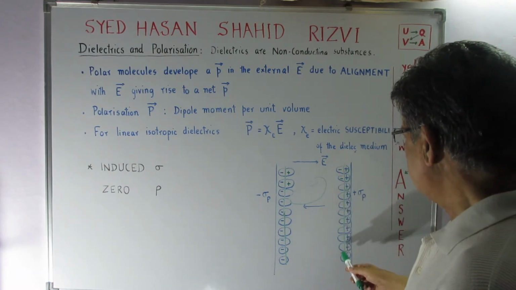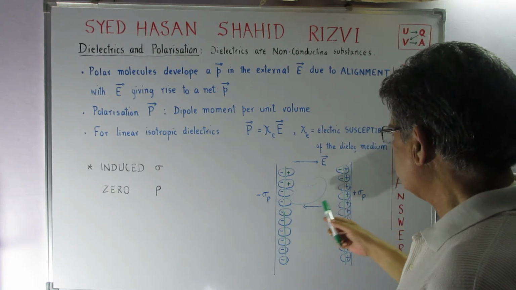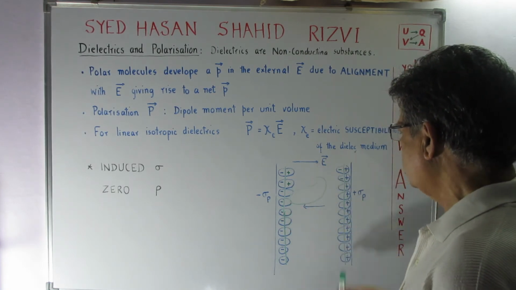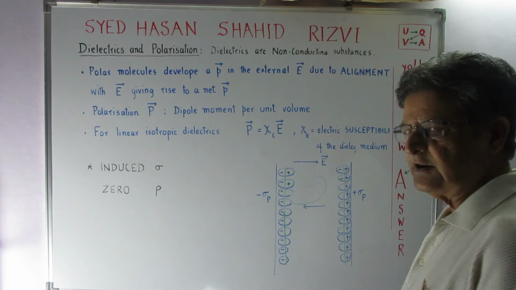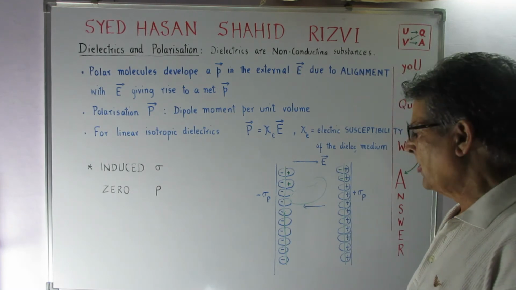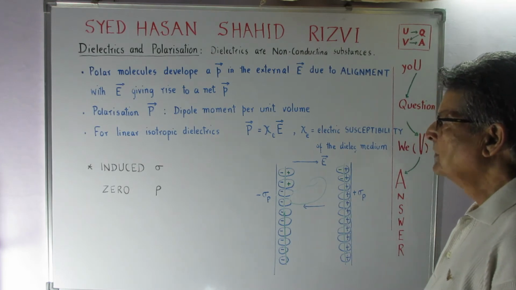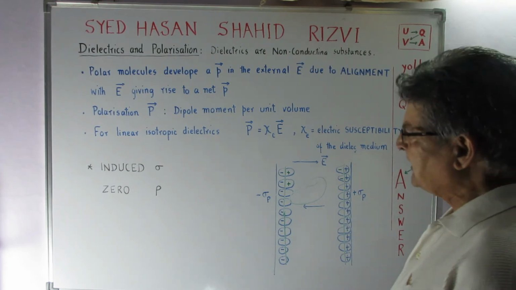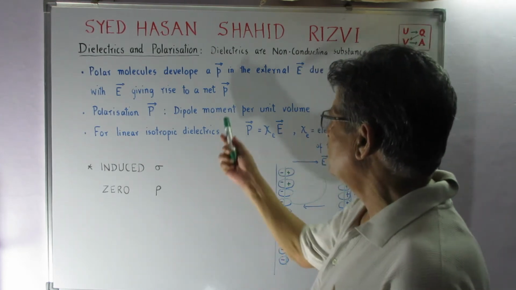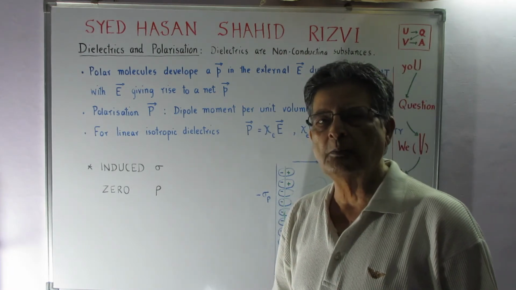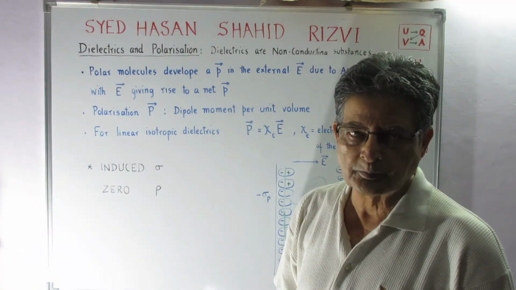Because of this, the positive charges here and the negative charges on this side, there is an electric field produced internally, and the material gets polarized. Polarization, capital P, is defined as the dipole moment per unit volume.